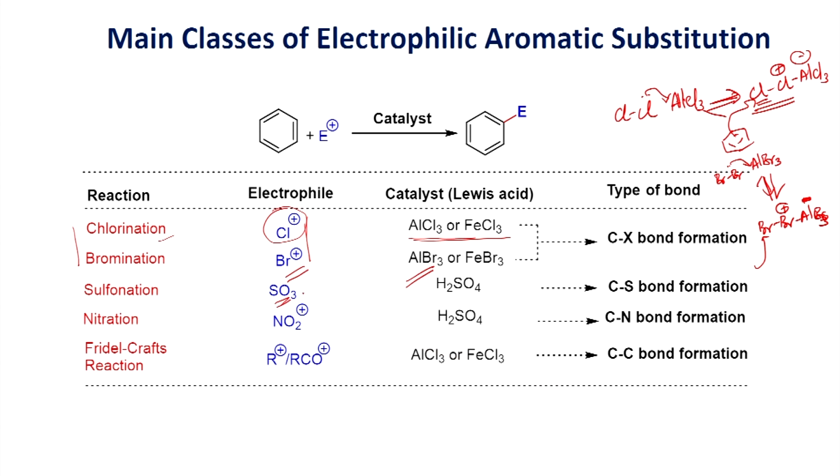And similarly sulfonation. This can be formed if you have sulfuric acid. We usually use sulfuric acid as catalyst in this reaction. When you have sulfuric acid, you will be able to form the protonated species, which can lose a water molecule.